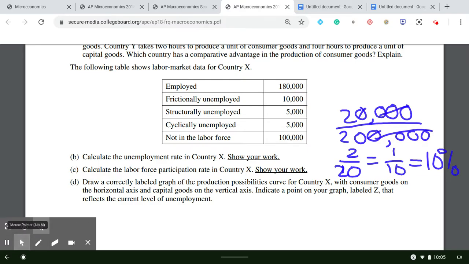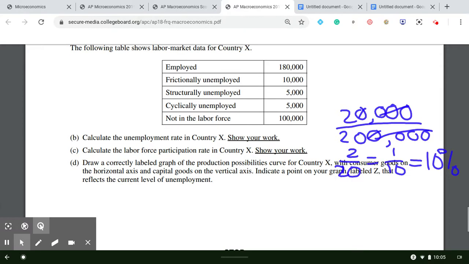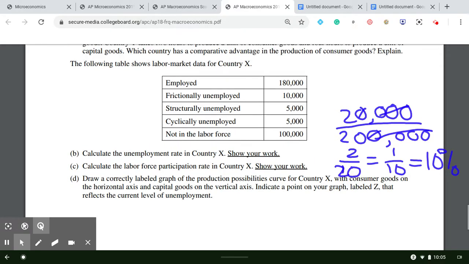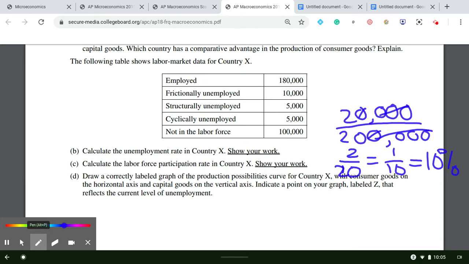All right. Labor force participation rate, that's a different type of calculation. What we're going to show is the total adult population and the percent of that population that is in the labor force. So first, we know how many people are in the labor force, which is 200,000.